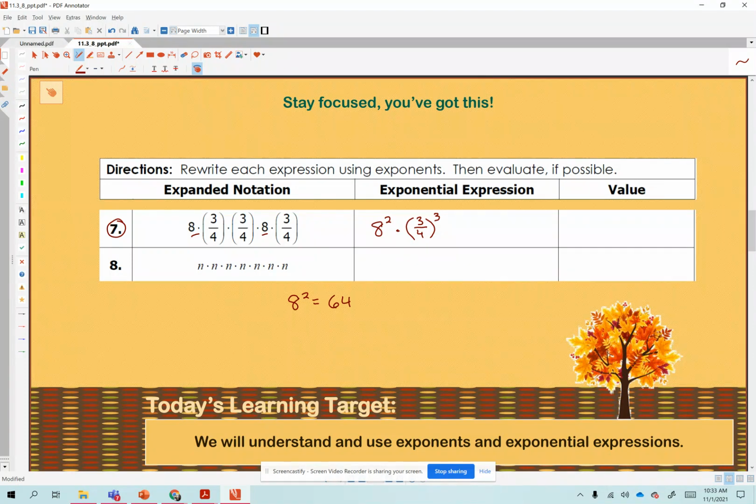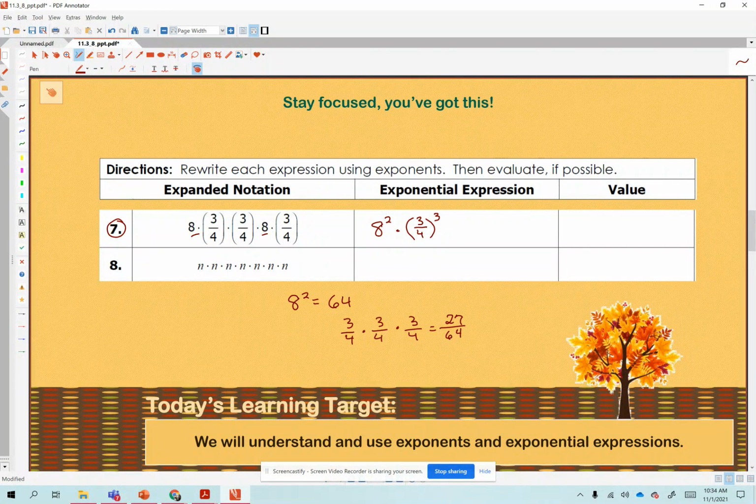So let's look at that. I'm sorry, not negative, +3/4 times 3/4 times 3/4. So 3 times 3 is 9. 9 times 3 is 27. 4 times 4 is 16. 16 times 4 is 64.